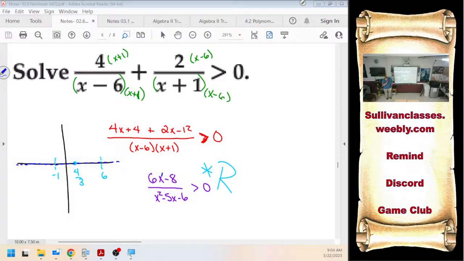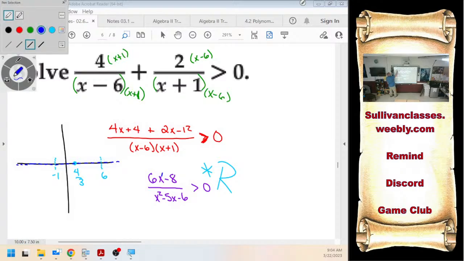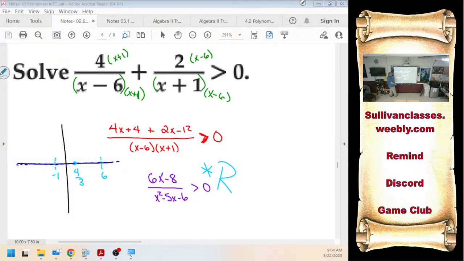This is why I have my unfactored form. Yes. Plug 0 in. The reason I want that is because if my y-intercept is right here at 4/3, coincidence?